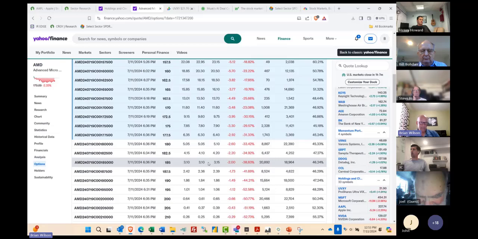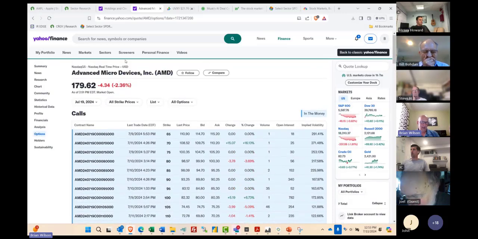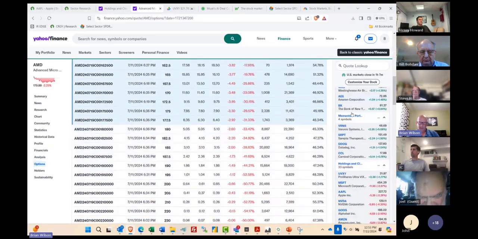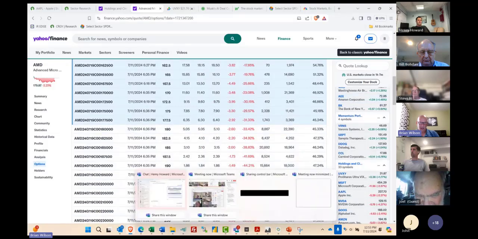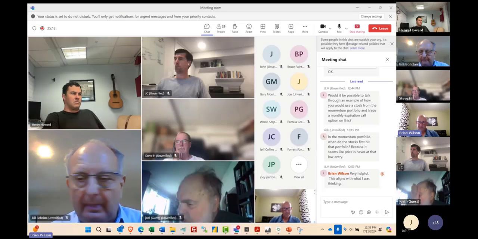But as an example from the momentum portfolio, if you really liked AMD, that might be an example. If you want to go further down the chain and not spend as much money, maybe you do the 190 call, just looking for it to regain $4 or $5, and that would probably make you some money in the next couple of days. Hopefully that helps, but that's how I would approach that type of trading.